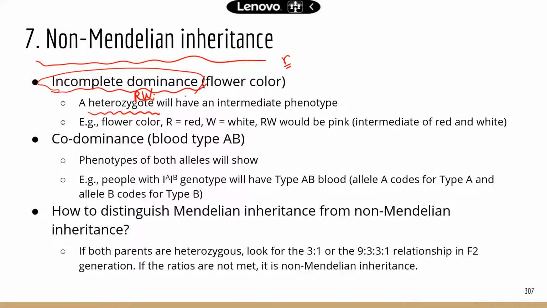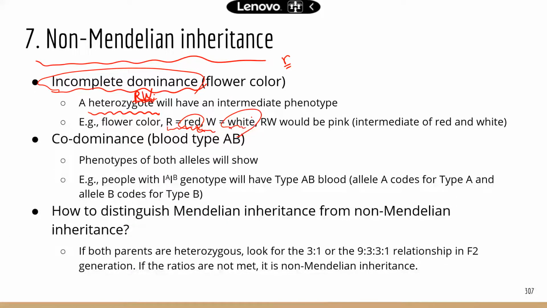So to avoid confusion and to differentiate between the two types of inheritance, normally we use different letters for different alleles. Letter R codes for red color. Letter W codes for white color. So when you have a heterozygous genotype, R and W, that's going to produce an intermediate trait.